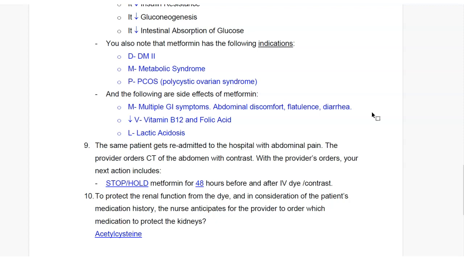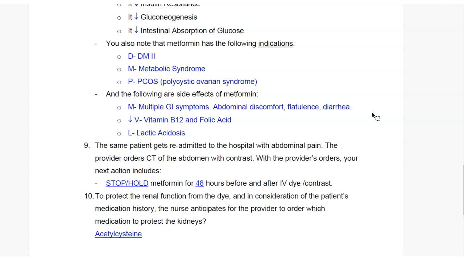And that's very important because, one, you want to prevent lactic acidosis from happening, and then you also want to save the kidneys, right? Because as we talked about, metformin can be damaging to the kidneys, and administering it with IV contrast dye increases the likelihood of developing kidney failure or kidney injury.